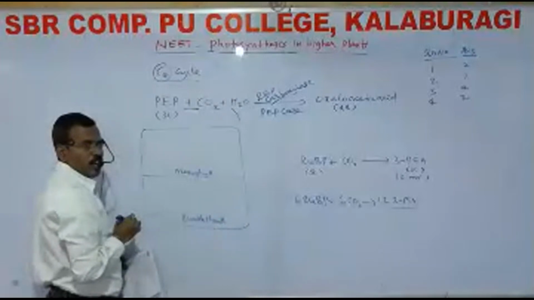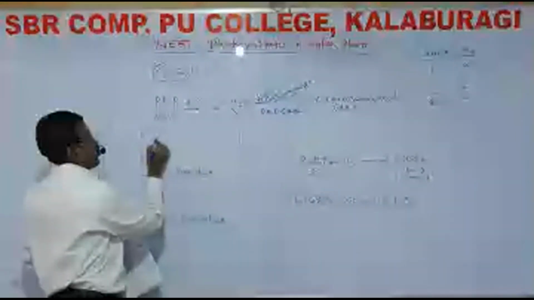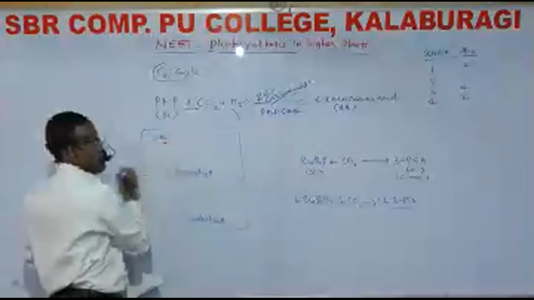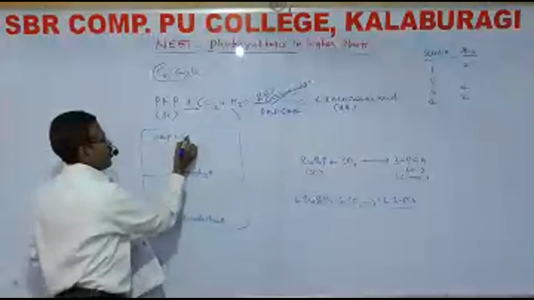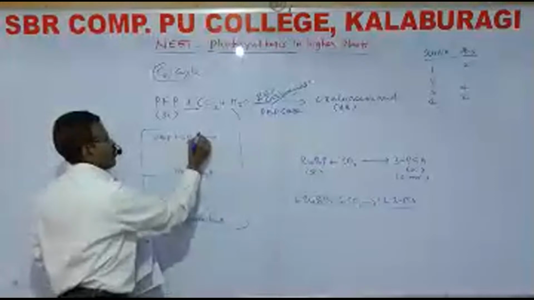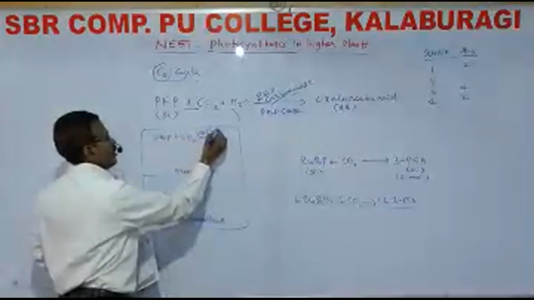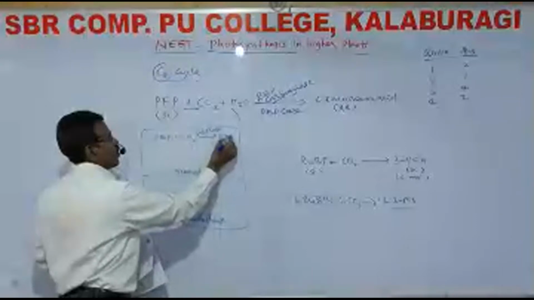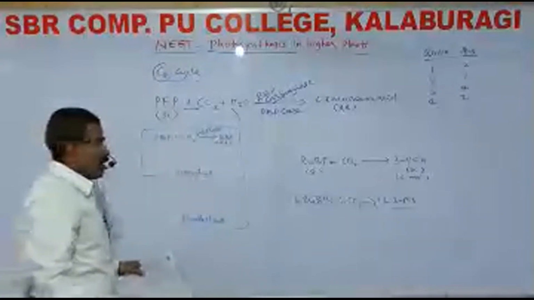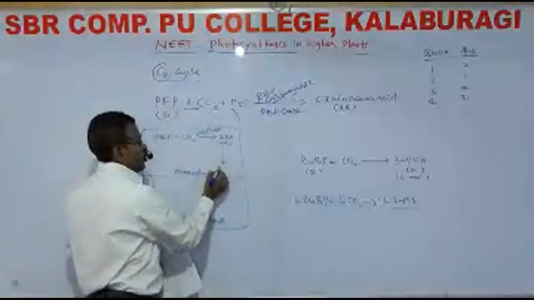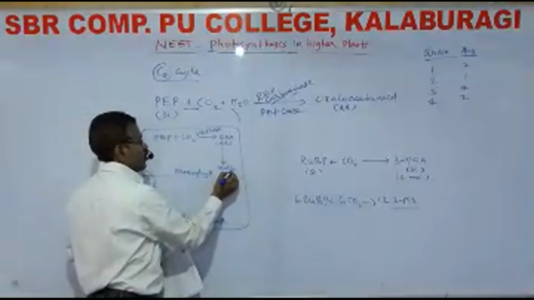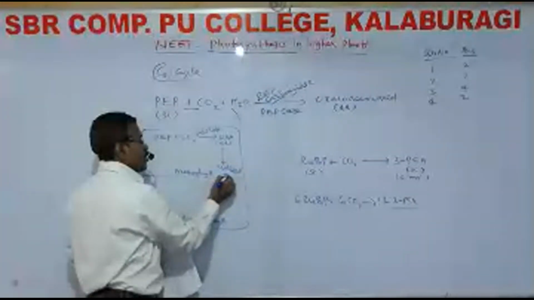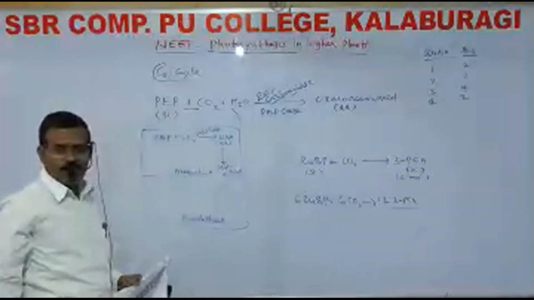So the initial primary carbon dioxide fixation by phosphoenol pyruvic acid, in the presence of PEP carboxylase enzyme, results in the formation of a 4 carbon compound, that is oxaloacetic acid. Oxaloacetic acid can be reduced into malic acid, or even it can be reduced into aspartic acid.